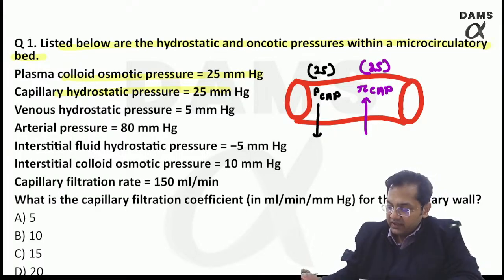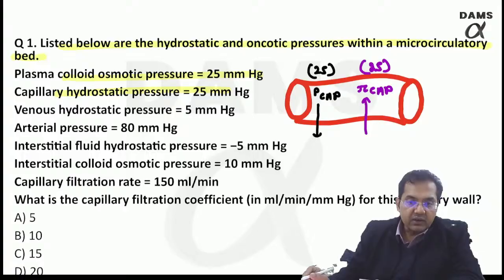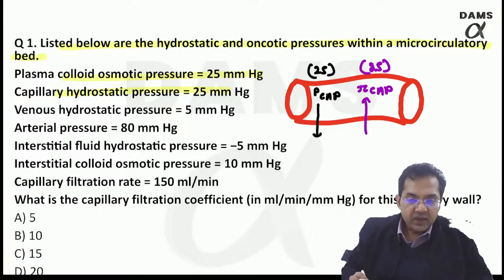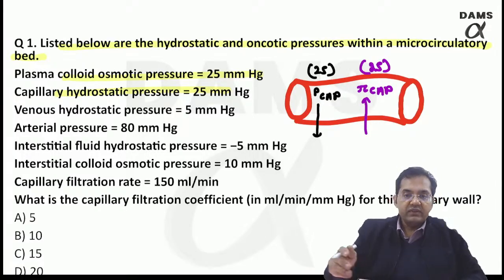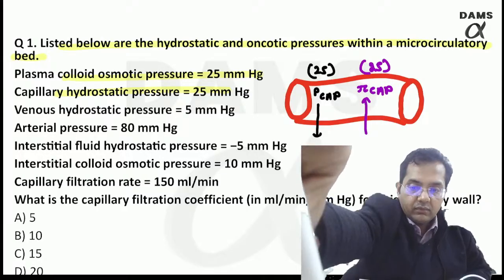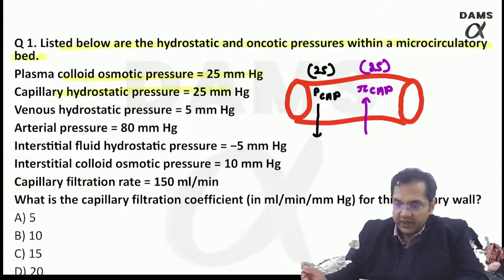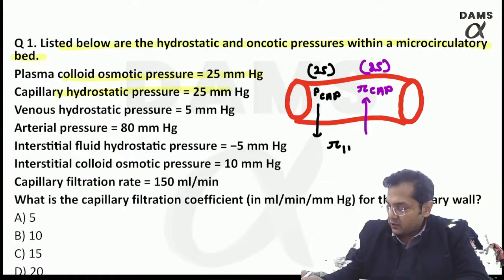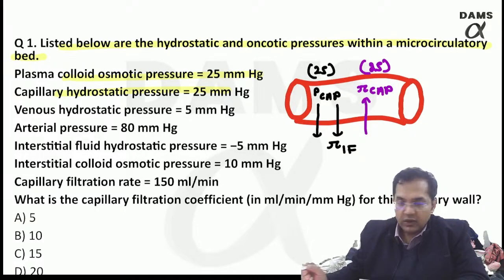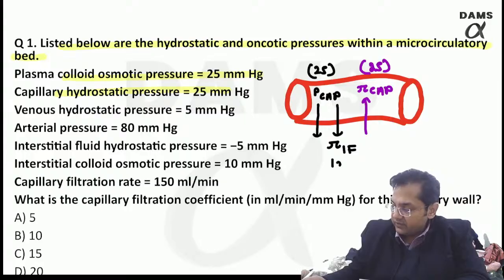Then I have the venous hydrostatic pressure and arterial pressure; I don't require it, remember. And then we have the interstitial fluid hydrostatic pressure, and the interstitial colloid oncotic pressure. If you could recap, interstitial fluid oncotic pressure is again trying to pull the fluid out, right? What is the value given? 10. So these two are acting in the same direction.